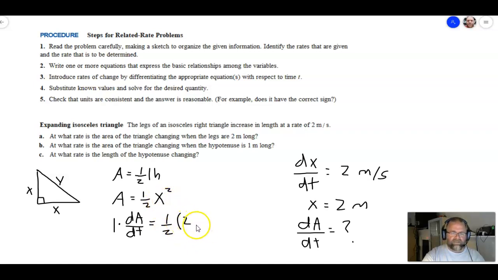So that's going to give us 2x. And since we took the derivative of another variable that is not time, we have to write times dx over dt. So when we do implicit differentiation on this equation, we're going to get this right there.